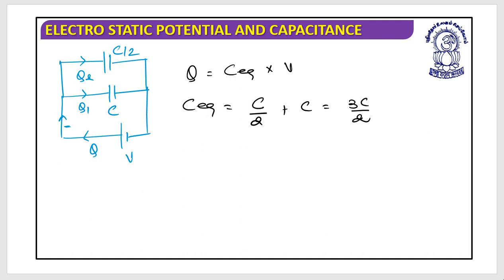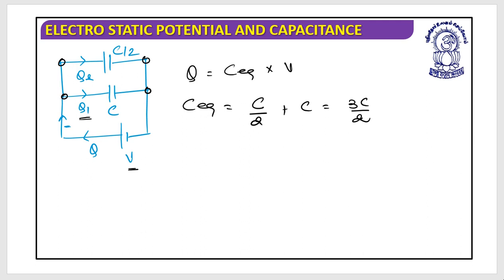So shall I add something to this? If I need to find out the value of Q1, look at this very carefully. This is the V, and the capacitor C and the capacitor C by 2 are connected in parallel.